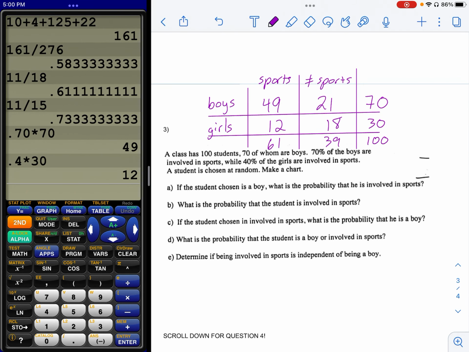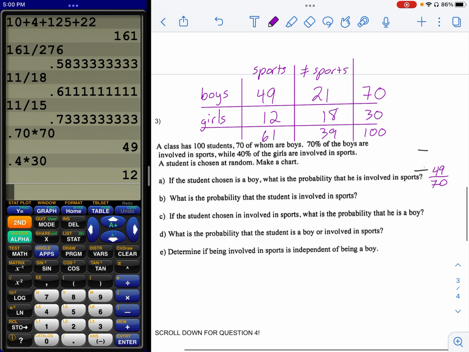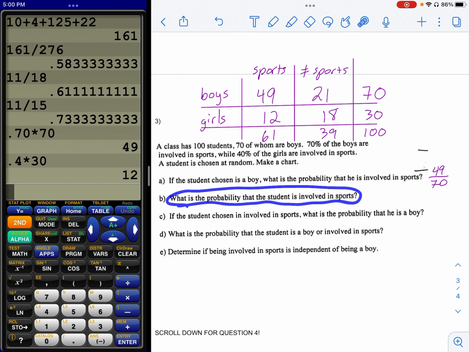All right. Part A, if the student's a boy, what's the probability he's in sports? So if he's a boy, there's 70 of those. And of those 70, 49 are in sports. So it's 49 out of 70. Part B, if you read it carefully, there is no condition here. This is just pick any old kid.